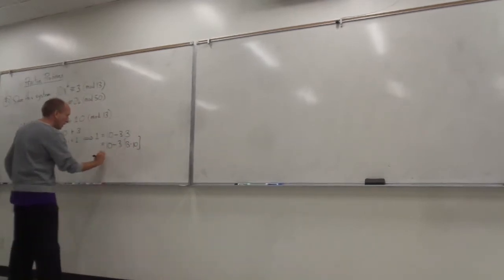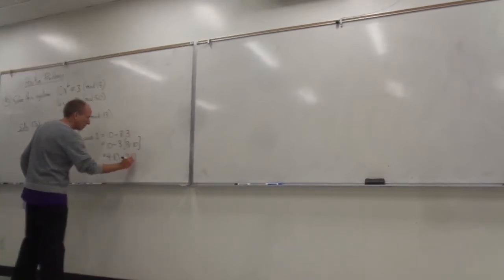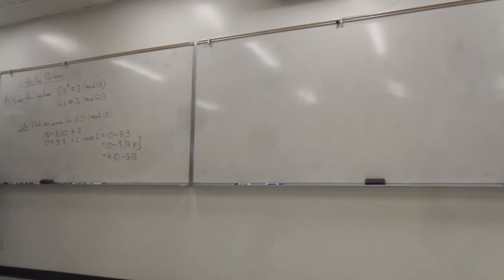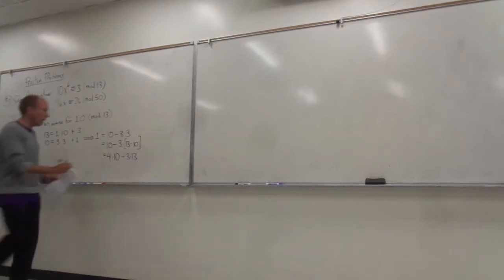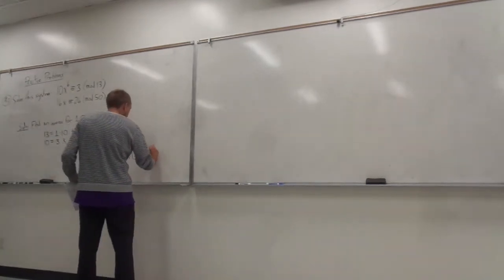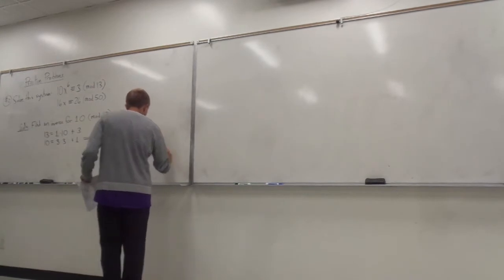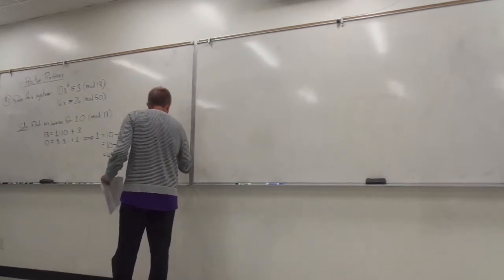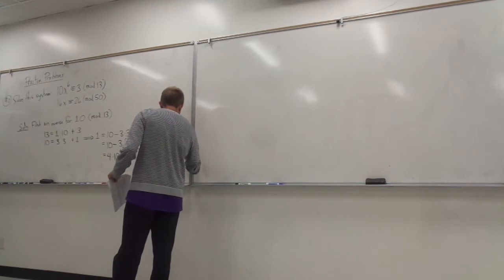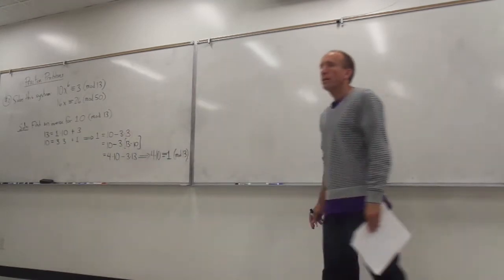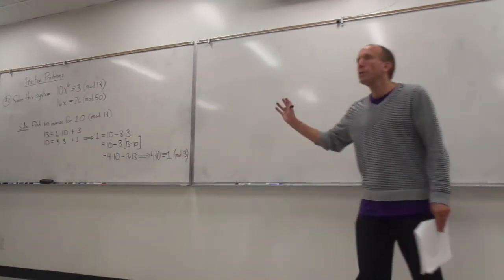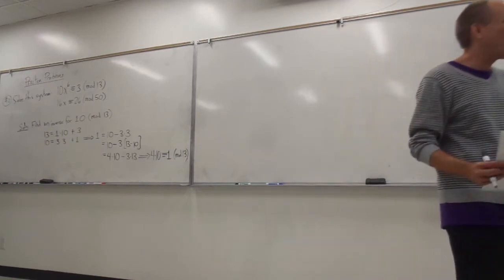And that comes out to, once I simplify it, 4 times 10 minus 3 times 13. Okay, so in mod 13, 4 times 10 is congruent to 1. This is mod 13.